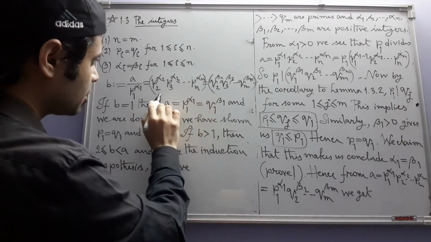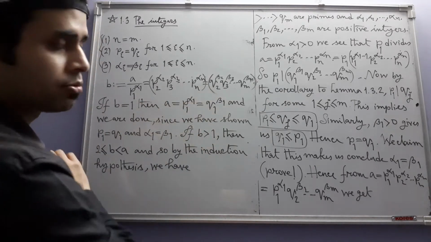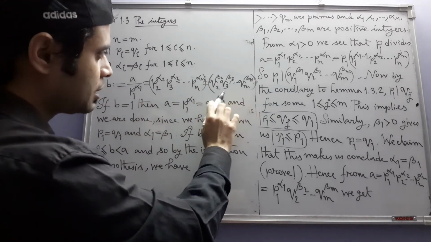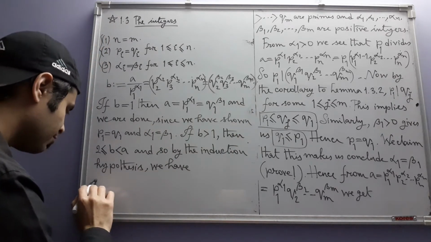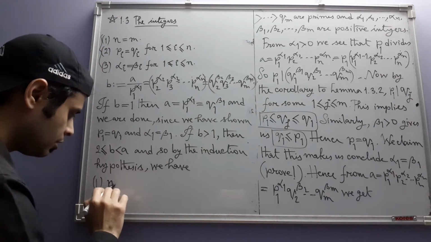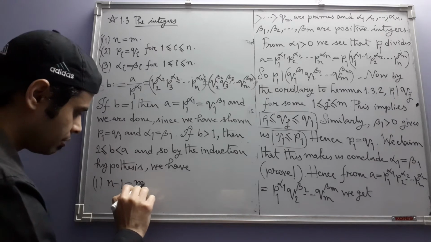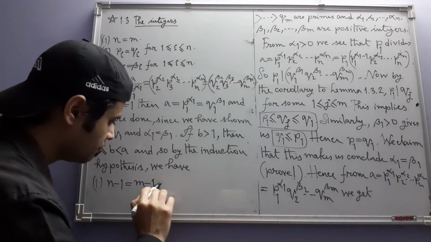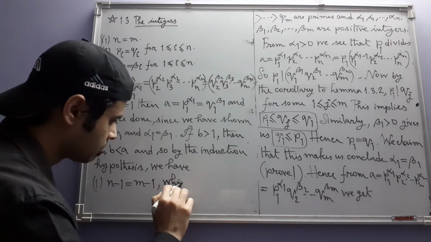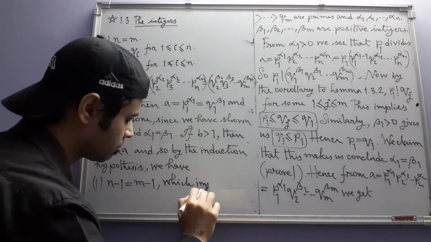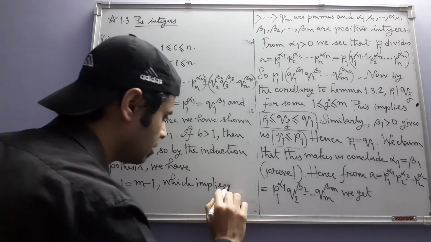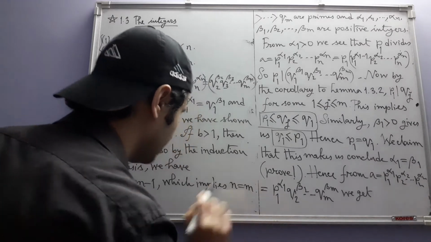Here what is the number of prime divisors? Here the number is n minus 1. We have number 1, n minus 1 is equal to m minus 1, which implies n is equal to m.